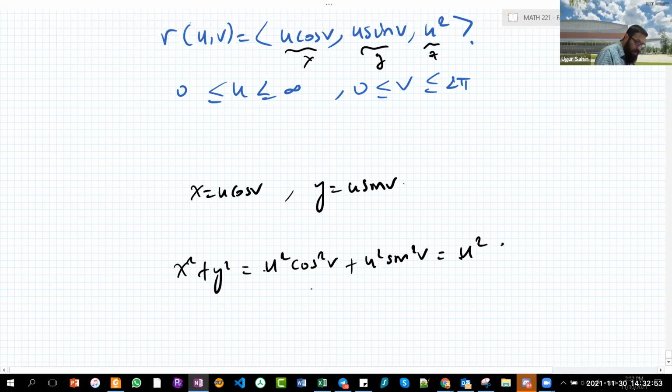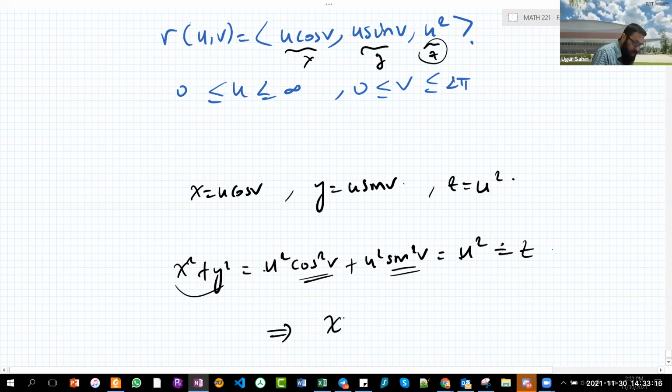And that's going to be equal to u squared, since when you add the sine and cosine squared, it's going to be equal to 1. But I have another thing here, as you see, that the third variable is equal to u squared, which is z. So this operation will then be equal to z.